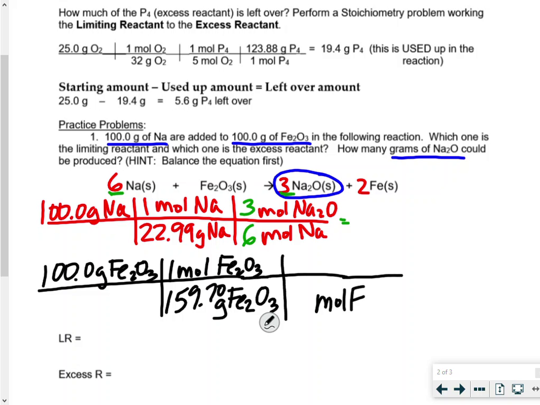Moles Fe2O3 going to moles of Na2O. Once again, looking up here, this one is a mole of 1 and this one is a mole of 3. Good. And now we can solve them both. So let's go ahead and calculate. Anybody get the value for the top one? Yep.